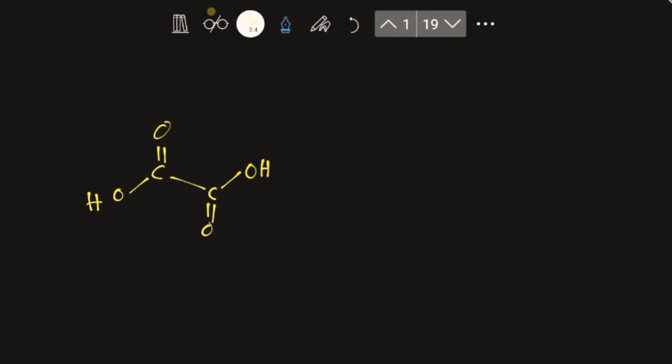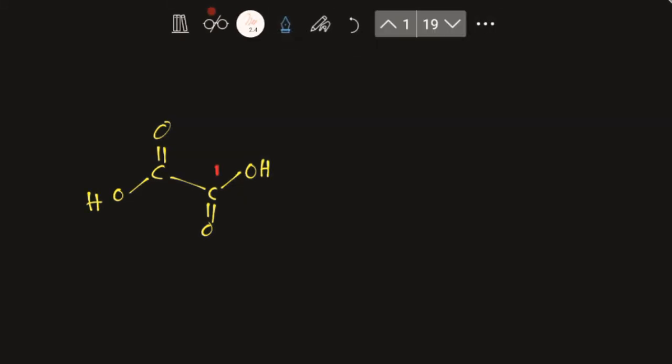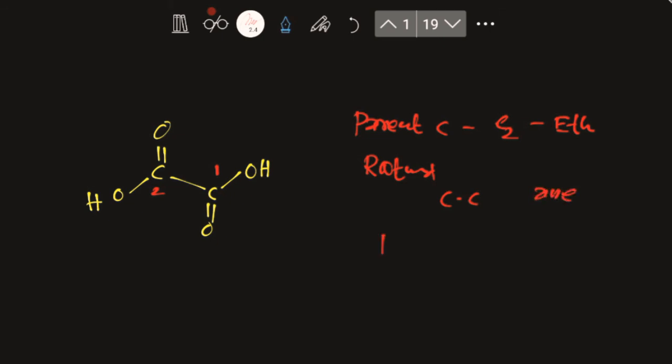This is the structure of a dicarboxylic acid, and according to IUPAC nomenclature, how can you name it? First of all, we find the numbers. This is the first number, this is the second number. So your parent carbon chain is 2, and the word root is eth. For the primary suffix, since carbon-carbon single bond is there, it is ane. And the functional group here is oic acid.